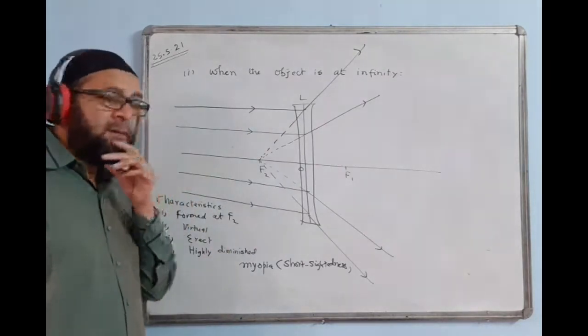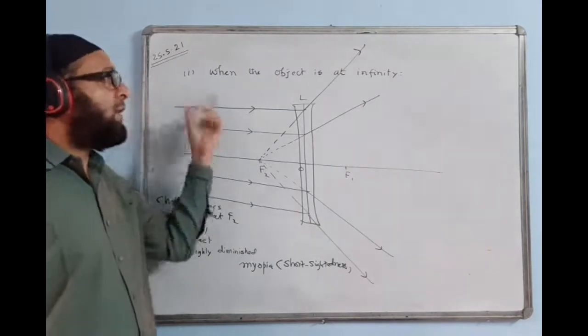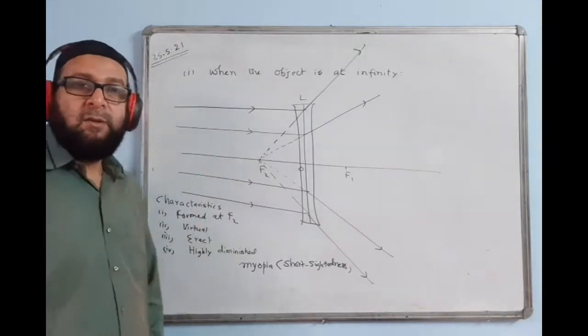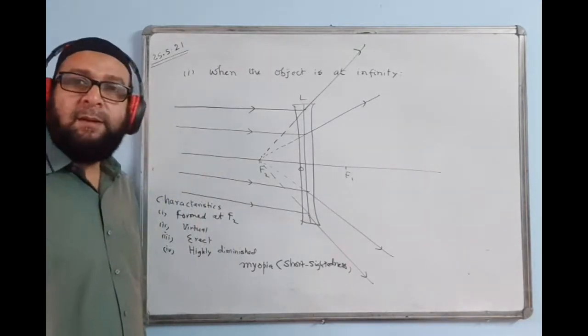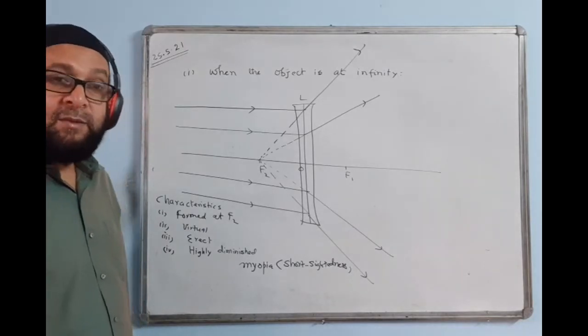And then tomorrow, I mean, next day we'll be doing one more case, and some numericals on the lens equation. So whatever we will be doing till Friday, that much will be your syllabus.